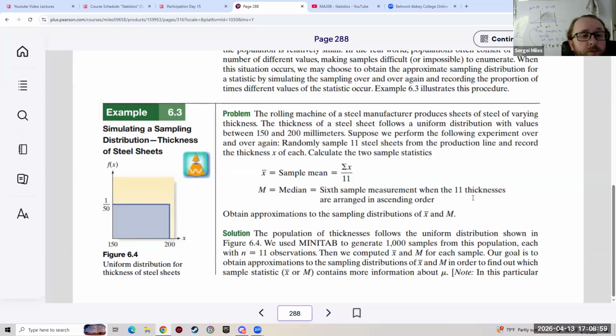And then they're going to repeat this process. In this case, they're doing this with a computer to randomly simulate what's happening here, where we take a sample 1,000 times, and each sample has 11 sheets of steel, which are randomly selected.